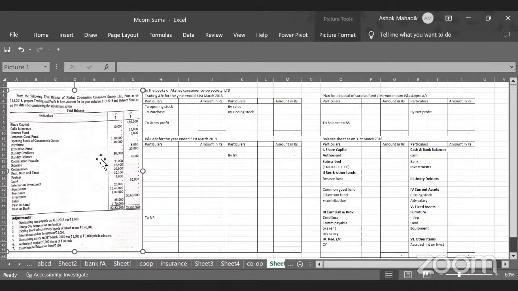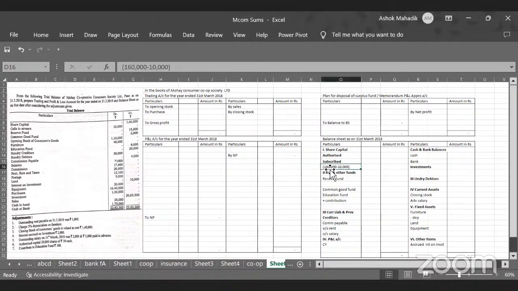We have read all the adjustments, so accordingly we'll keep the items in the inner or outer column. Clear? Okay. First item, share capital. Just a moment. I'll add one column here.